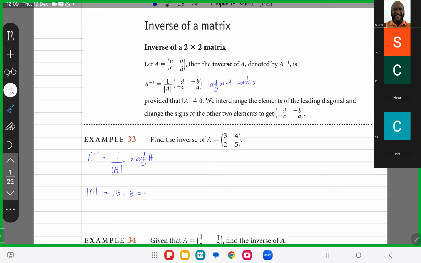So the determinant is 7. And so A inverse is 1 over 7 adjoint A.